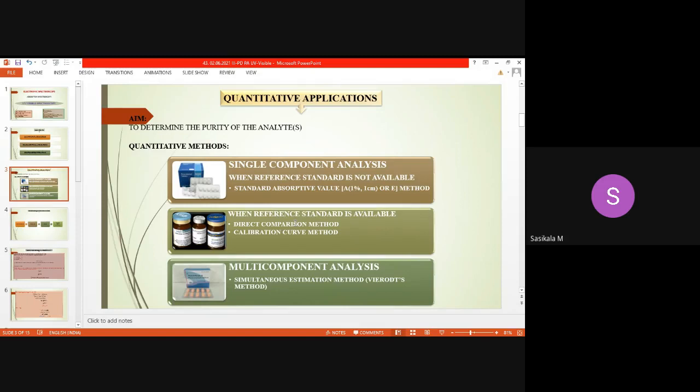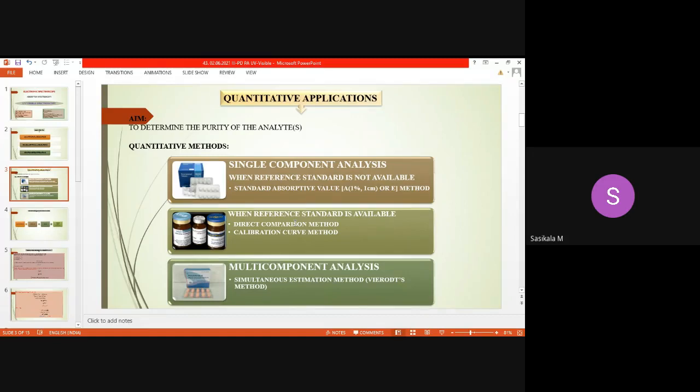You need to find it out. But the absorbance of that 100 microgram per ml standard concentration is, for example, 0.4. Since the absorbance varies between 0.1 and 0.9, just think it is 0.4 for your standard absorbance. Then the sample is giving 0.5, but the sample concentration is unknown.